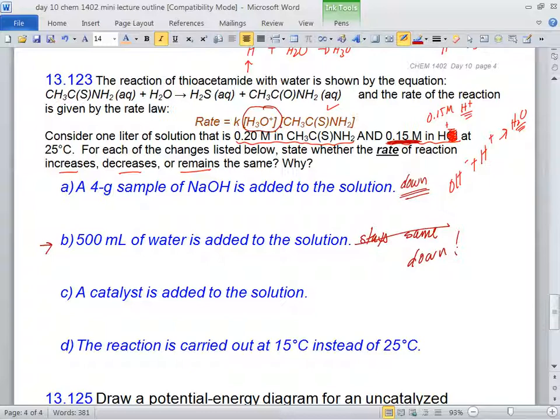Megan, we're adding a catalyst. Hopefully a catalyst that works. The rate would increase. So an effective catalyst. Okay, now we are carrying the reaction out at 15 instead of 25, so I guess you made it colder.